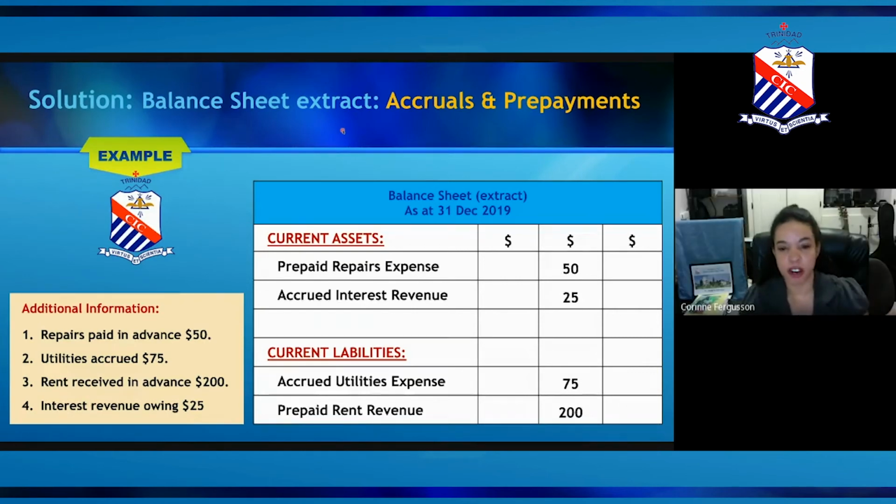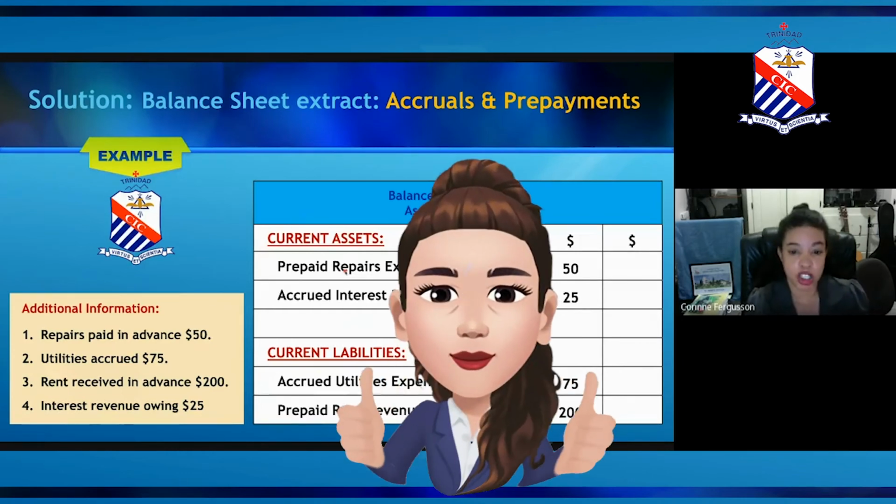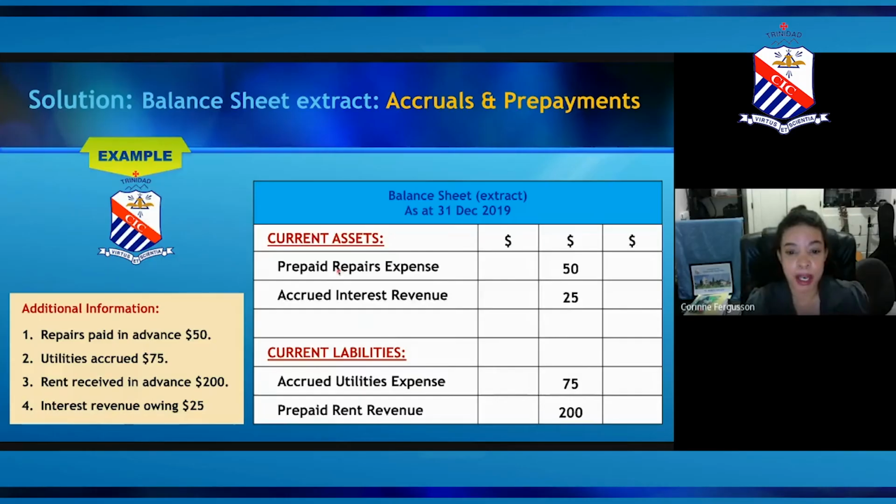Excellent. Very good. You're not even going to get half a mark if you put repairs, because some of you might think, oh gosh, we just left out the prepaid, so we should at least get a half a mark. You're getting it totally wrong because of what Jonathan just said. Repairs, expense, revenue, they don't go into the balance sheet. They're not supposed to be in the balance sheet at all.